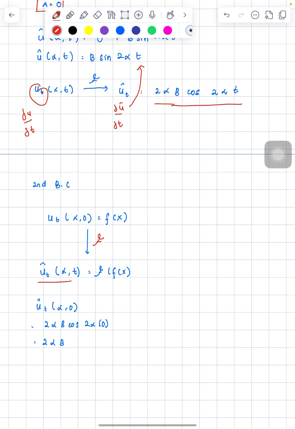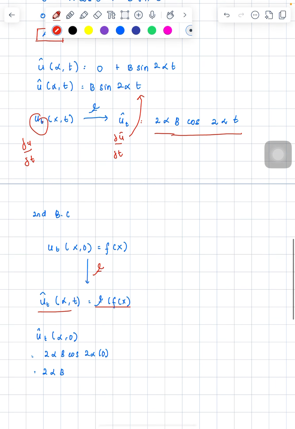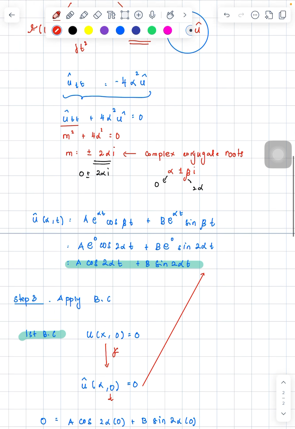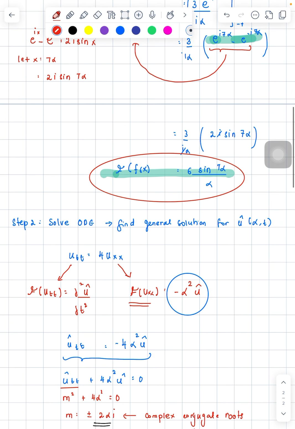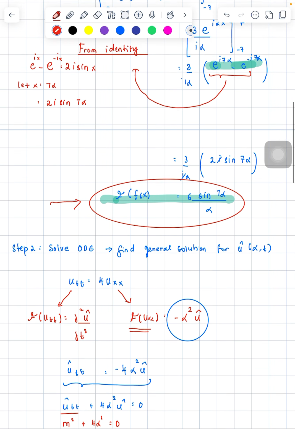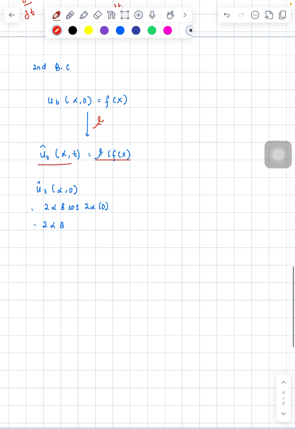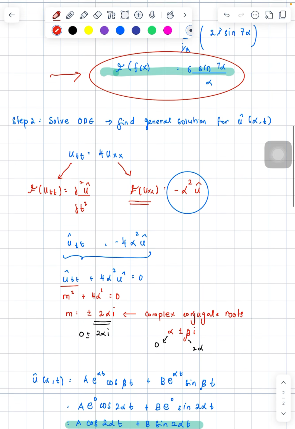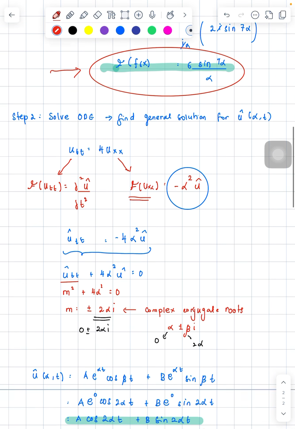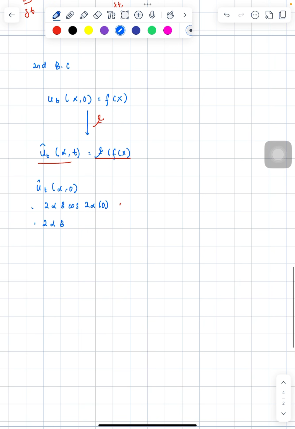And for this part, the Fourier transform of f(x), we can get from step number 1. This equals 6 sine 7 alpha over alpha.